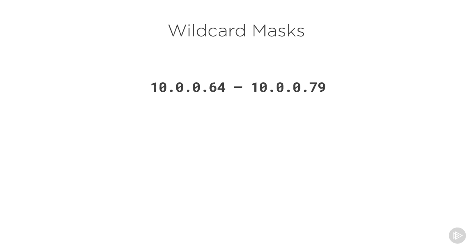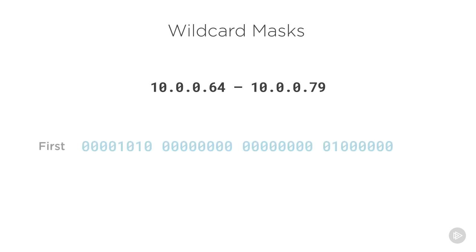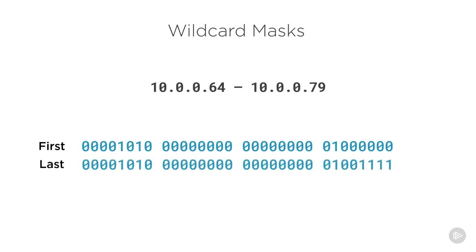Well, it starts with some ranges here that really precisely line up with the boundaries we have in binary. So we have 10.0.0.64 through 10.0.0.79. So if I wanted to write a wildcard mask for this, I want to write out the first address in binary. Once I have that first address written in binary, right below it, I can write the last address in binary.